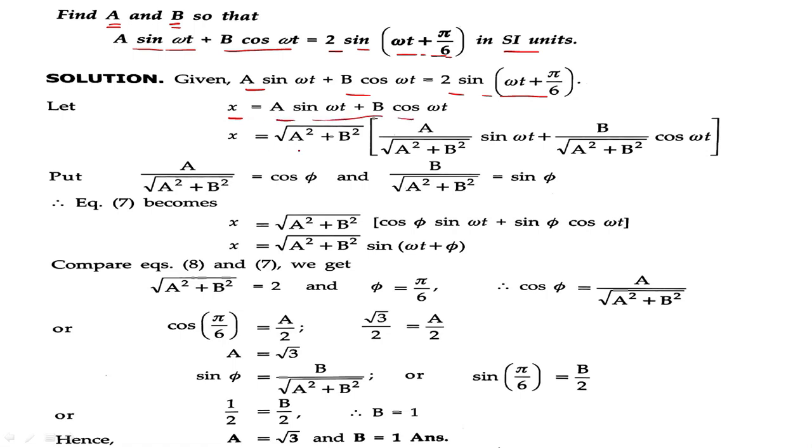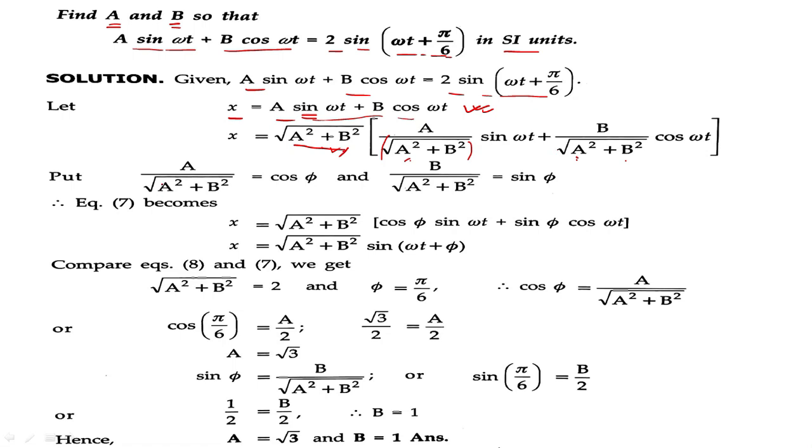Then we can write this equation by dividing each part by the square root of a squared plus b squared, and multiplying by the same factor. After multiplying, both cancel.